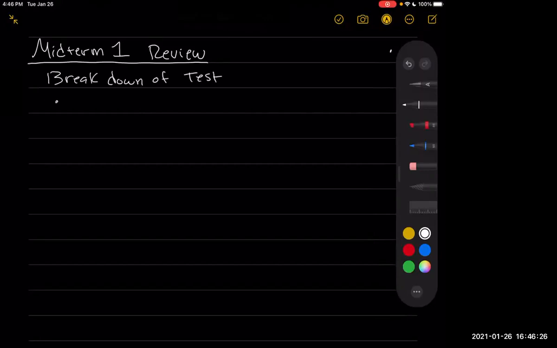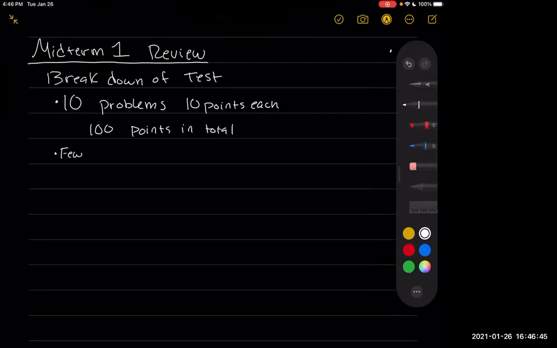So there's going to be 10 problems, each worth 10 points. So that's 100 points in total. A few of our problems will have multiple parts.